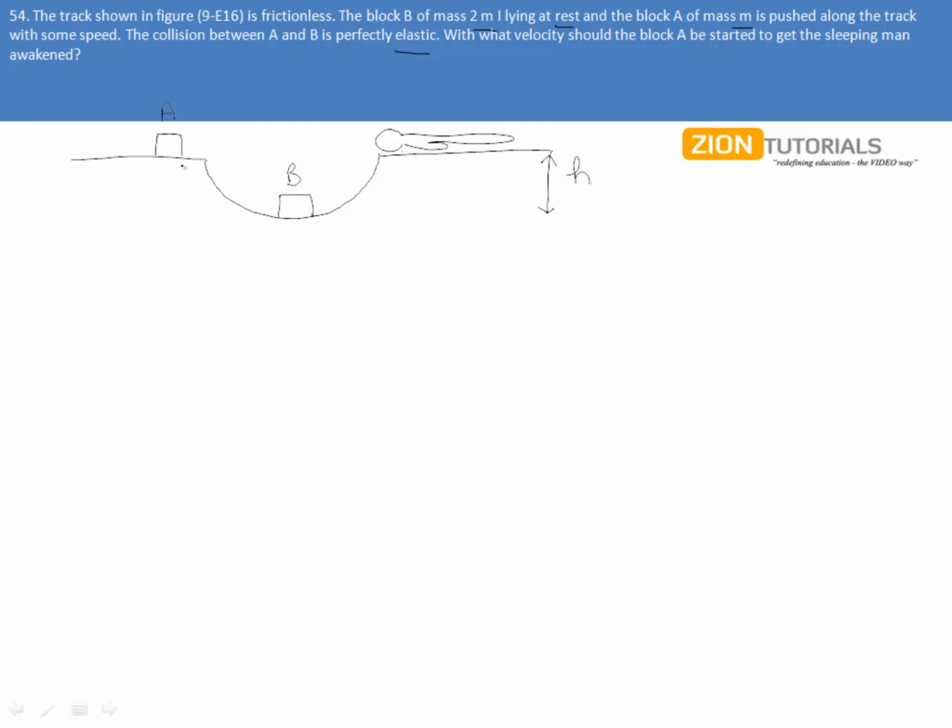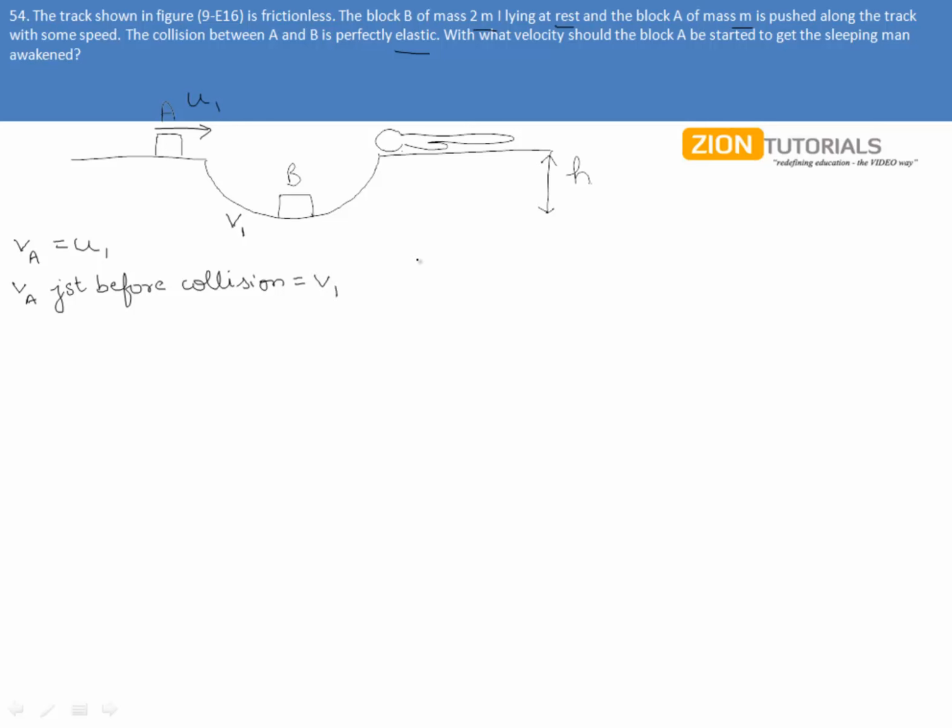So, let us assume that this block A is given a velocity of u1 initially, and when it reaches here, B, then before collision it has a velocity of v1. So the initial velocity of A is u1, while the velocity of block A just before collision is v1.